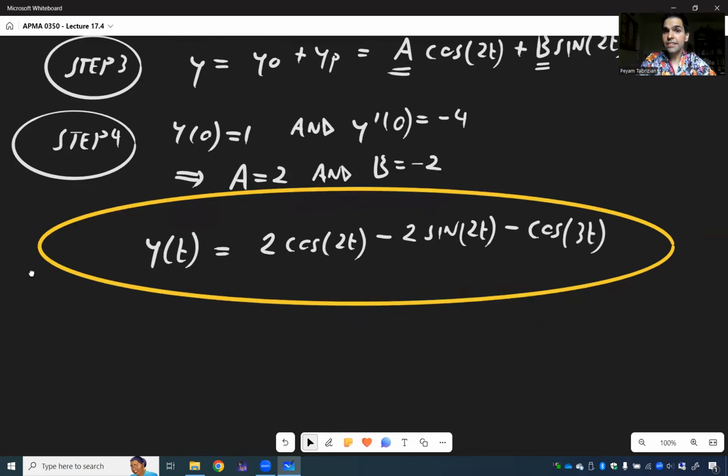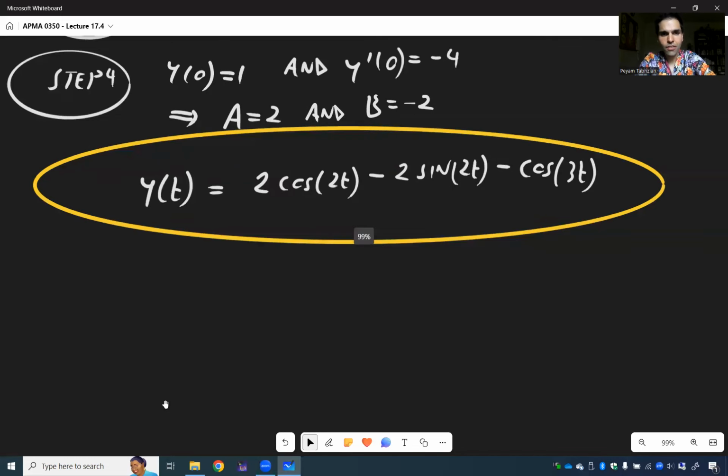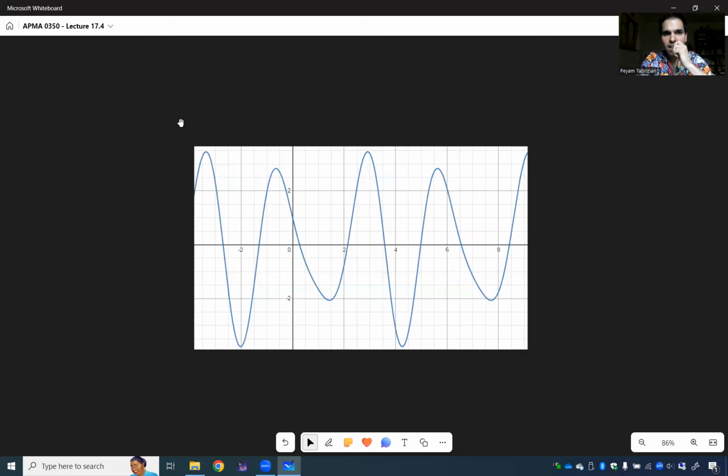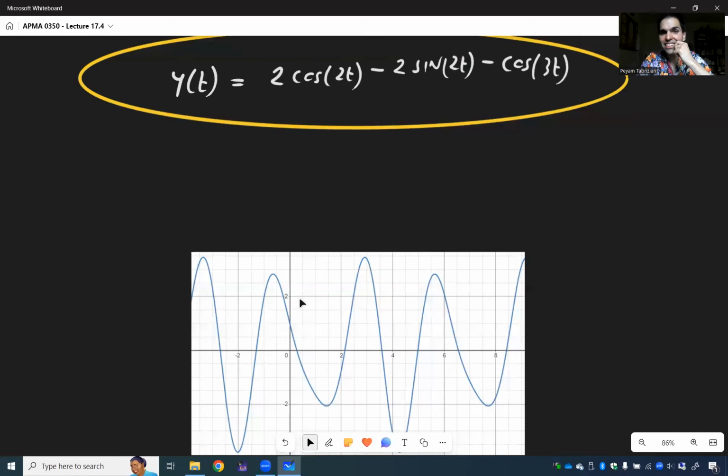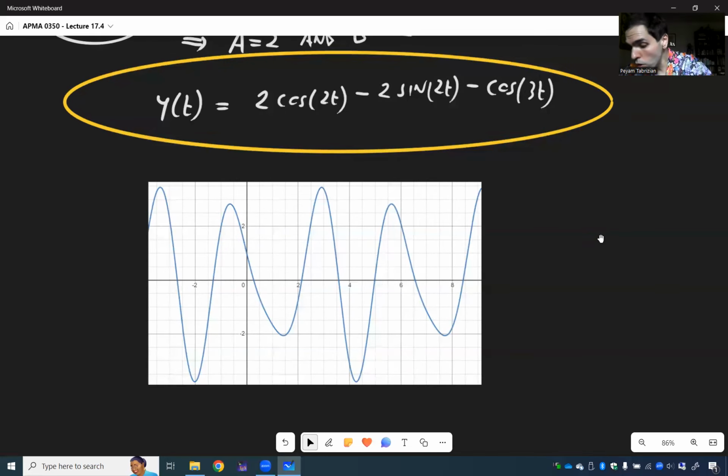So the question is, does the forcing term affect the motion? Well, here's the picture. Well, yes, but not too much. You see, the motion is still more or less sinusoidal.